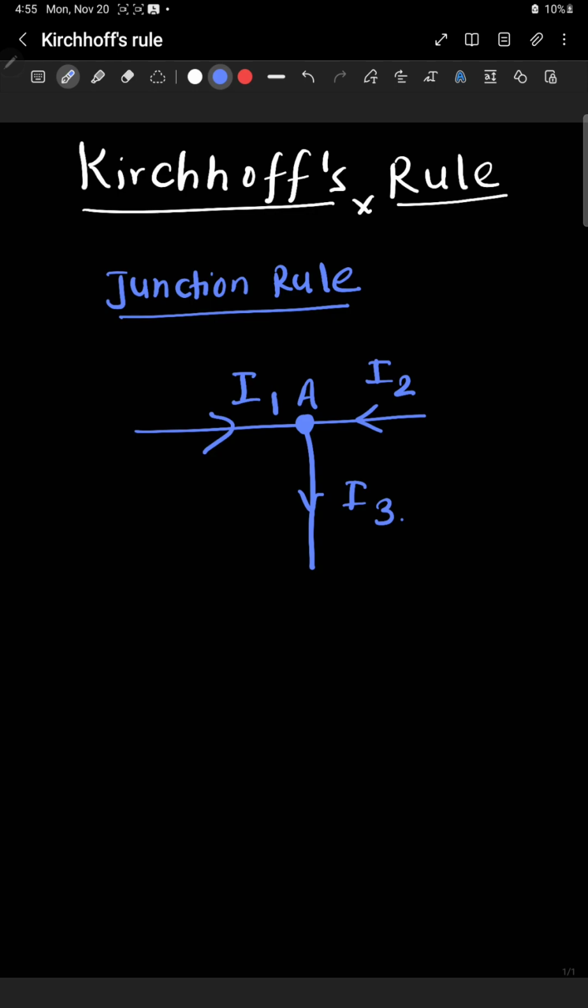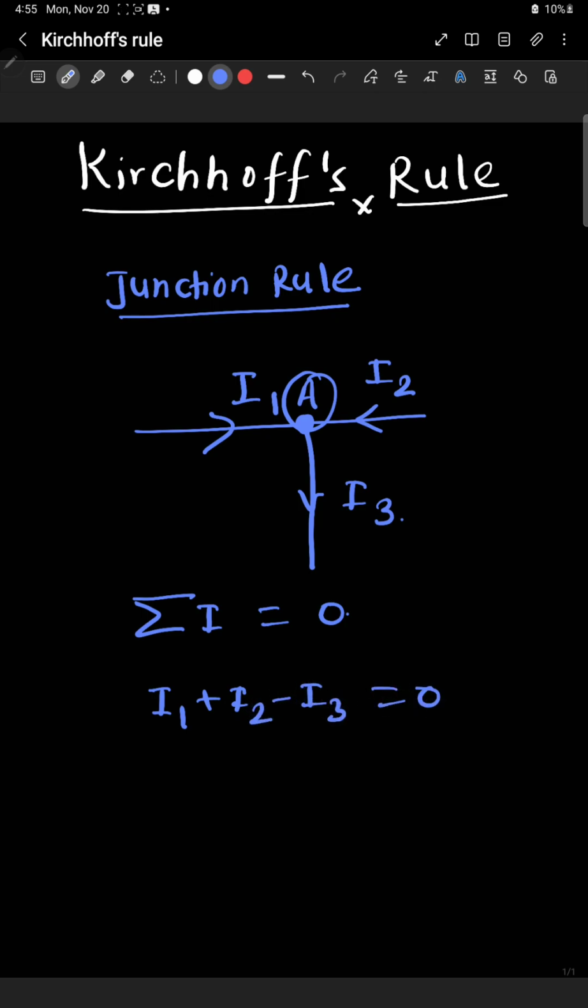According to the junction rule, the sum of all the currents passing through junction A will be equal to 0. So if you apply this rule, you get I1 plus I2 minus I3 equals 0.